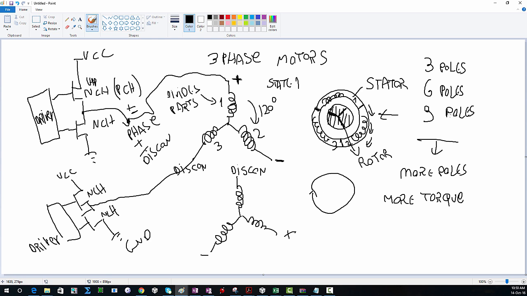Full rotation in 9 poles, we need to do 9 switches of these coils. But if we have 3 poles, we need to do only 3 changes in order to do a full circle. Now I have here a motor with 6 poles, so I will show that in order to do a full circle I need to do exactly 6 changes. I will show it in a second.